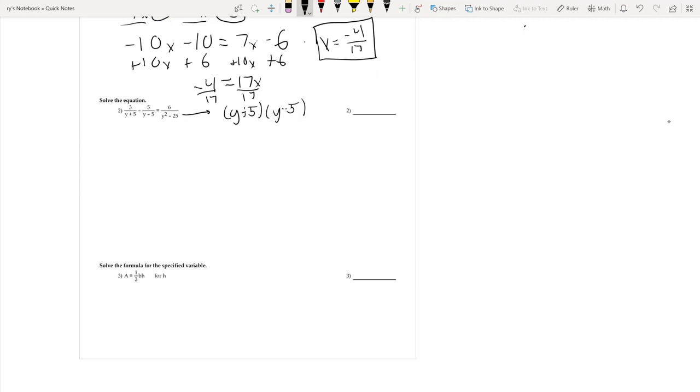So that means my least common denominator for these three fractions would be y plus 5 times y minus 5. So that's what I'm going to multiply each one of these fractions by.